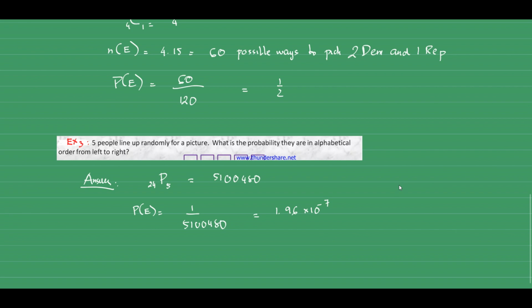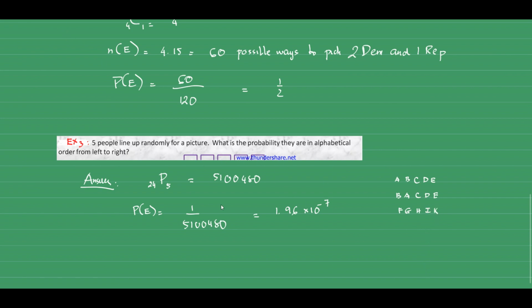So, again, hopefully my explanation helps you understand. We have so many options. It could be A, B, C, D, E, then B, A, C, D, E, and so on.